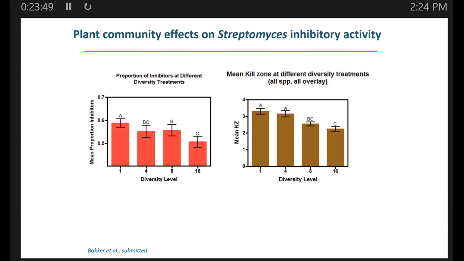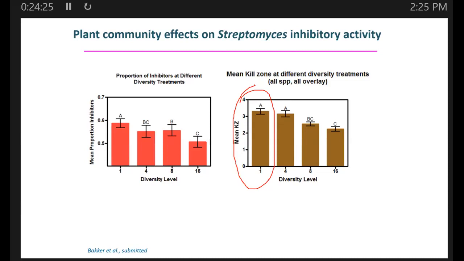Take soil samples from each of these, and then we tested those streptomyces to say, how inhibitory are they? And you can see with the graph on the right that the mean kill zone was the greatest if the soil was taken from a monoculture field. The higher the kill zone, the more inhibitory those streptomyces were.